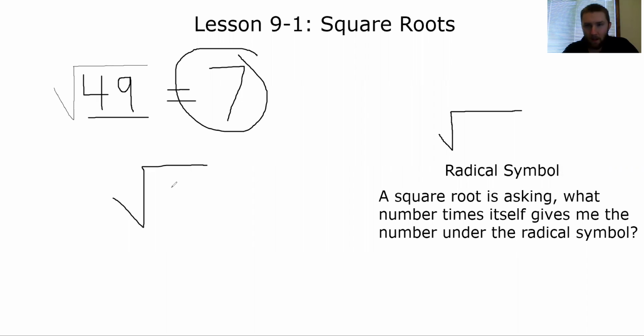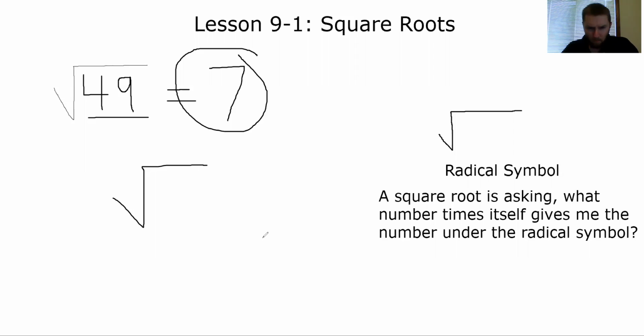On some calculators, you might have to type the number in first and then hit that square root symbol and it'll find it for you. Or you can hit that symbol and then put the number in after that, hit enter, and it should find the square root for you. So feel free to use your calculator when the numbers get above 100, but I think anything up to 100, we should be able to use our list. So the square root of 49, we should know equals 7. The square root of 25, we should know equals 5, et cetera, and so on.